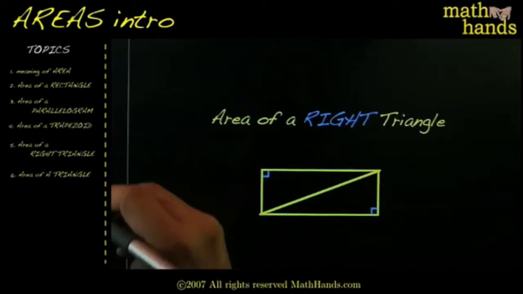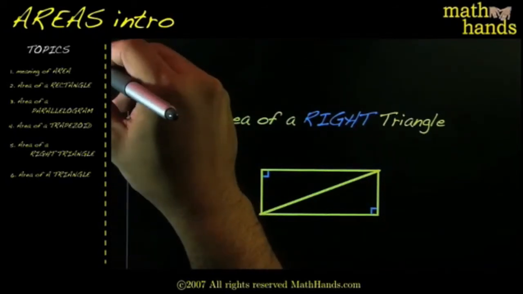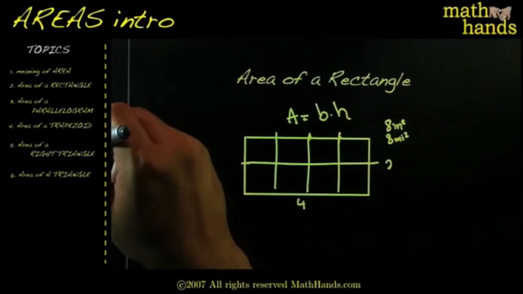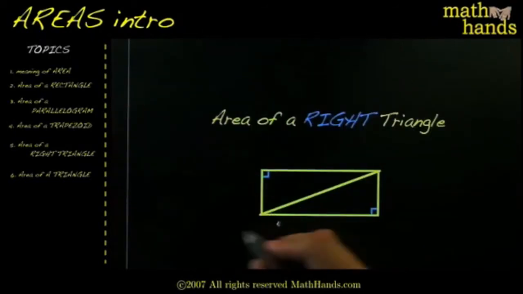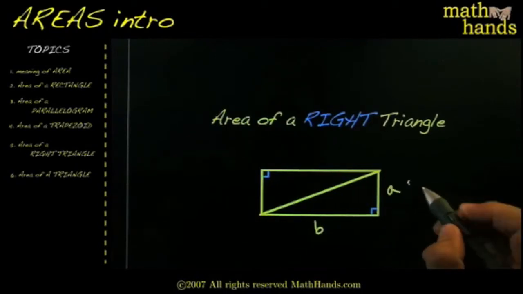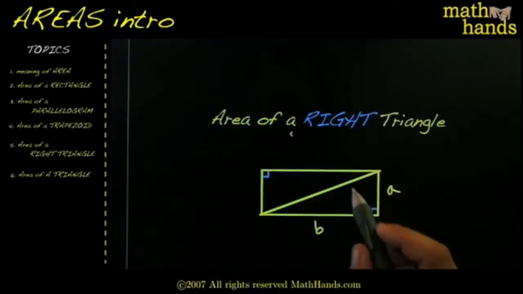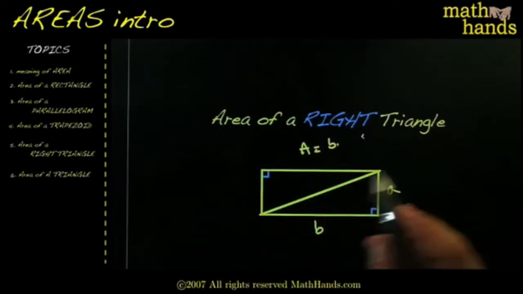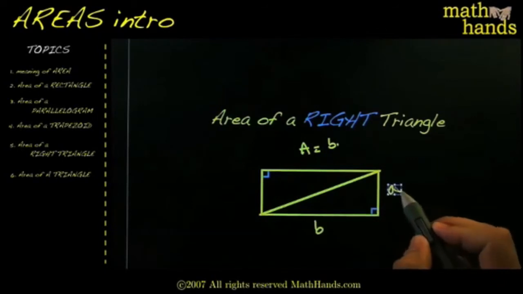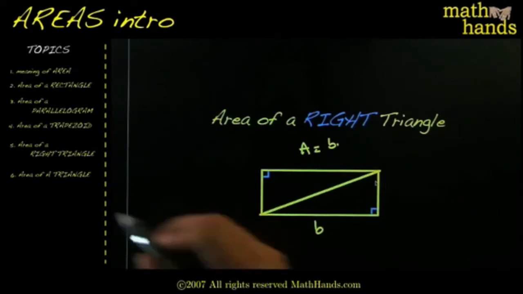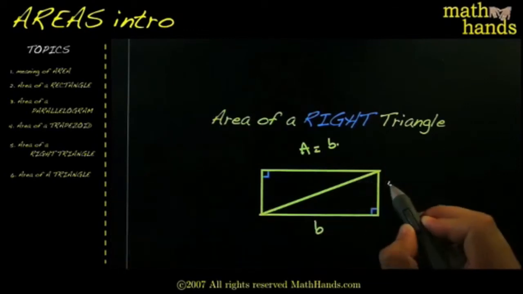So then the area is really easy because we had already conquered rectangles a long time ago. The area of a rectangle is the base times the height. So for our rectangle, we could call this whole base B, and the other one A. So the area for this rectangle would be base times, let's do some classic stuff, let's call this one H, for height.